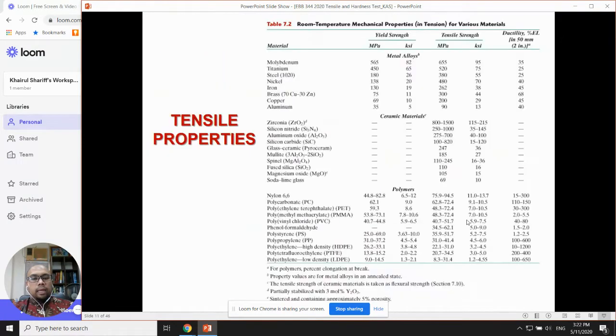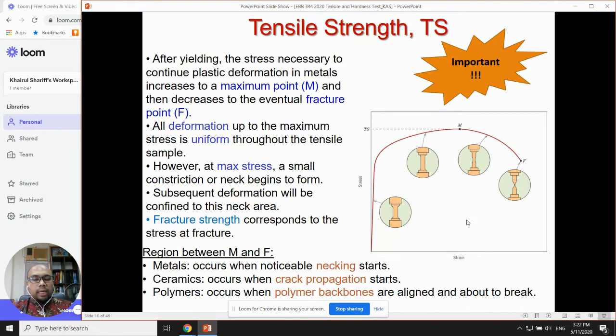For the stress strain curve, especially for the tensile test, the most important thing you should understand is, first, how to interpret the data. Number two, you need to understand how to sketch the diagram, because the stress strain curve has an ideal shape.